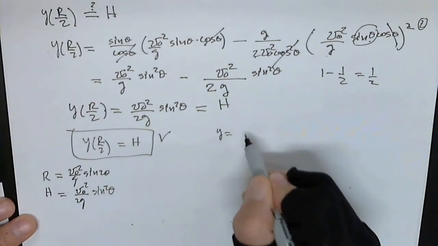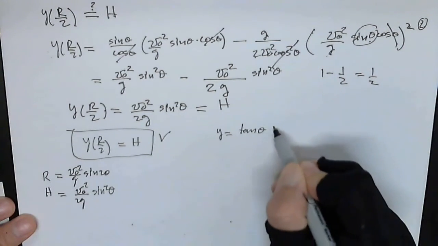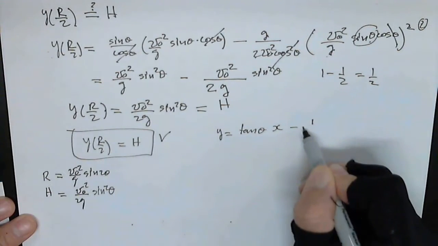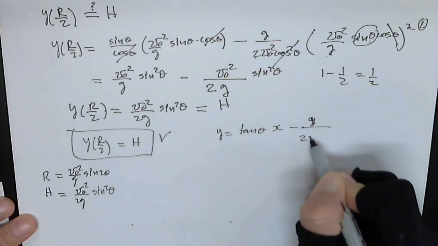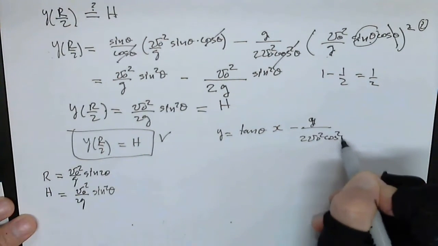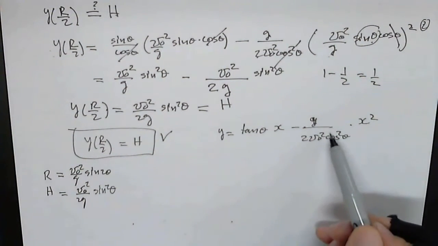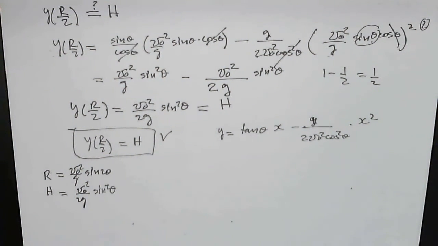And this is the equation we have: tangent of theta times x minus g over 2 v naught squared cosine squared theta times x squared. I don't want these terms in terms of the angle and the initial velocity. I want it in terms of r and h.